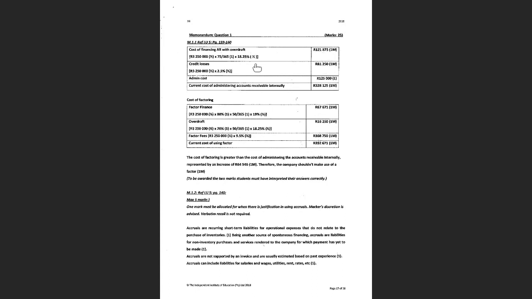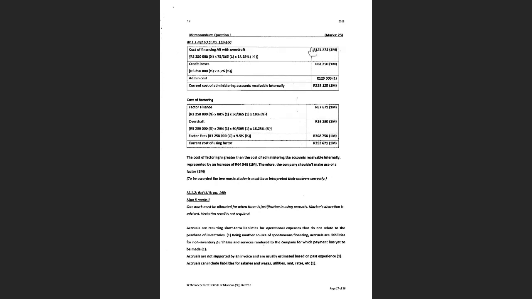And currently, I've got another expense, which is my 2.5% bad debts. So it's just my annual sales, 2.5% of that I am currently losing to bad debts. That's a cost, and this is a cost.